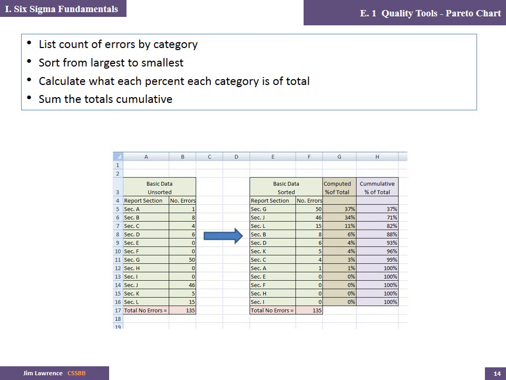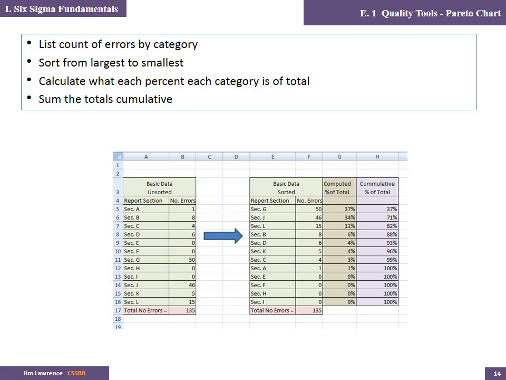Here is a Pareto of errors by category. We have the different sections that report the number of errors. So you sort the errors from largest number to smallest. That gives you your basic bar chart ranking. And then as you see there, you do a cumulative total of the number of errors until you sum to 100%.